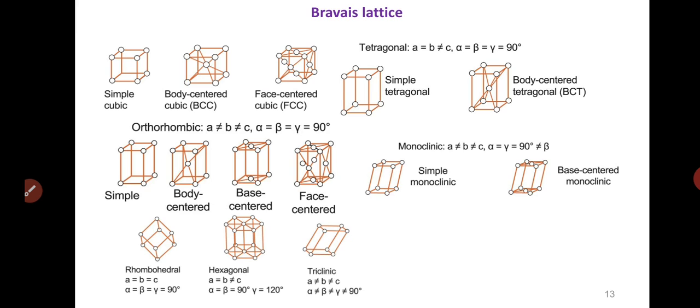So there are different types of lattice structures, that is 14 lattice structures, and these are called Bravais lattices.